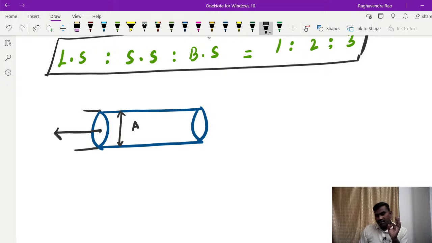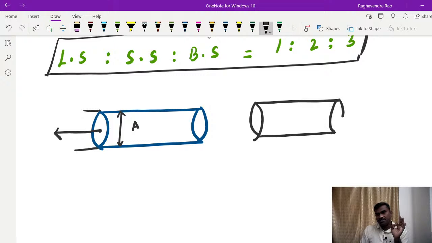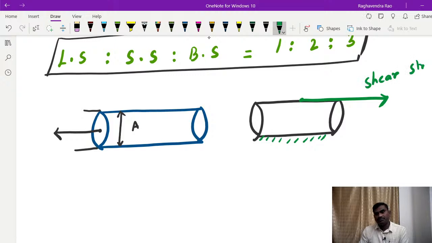Now if a wire is like this, in general we can understand shear stress with the help of a strain case. By fixing the lower end of the wire, we need to apply stress tangential to the surface. So this is called shear stress or tangential stress.